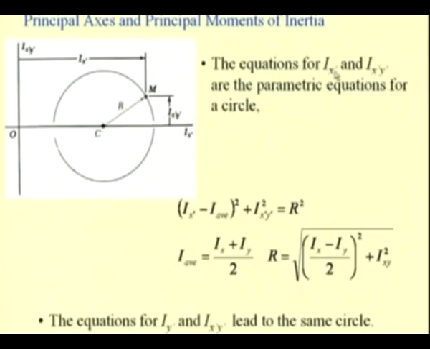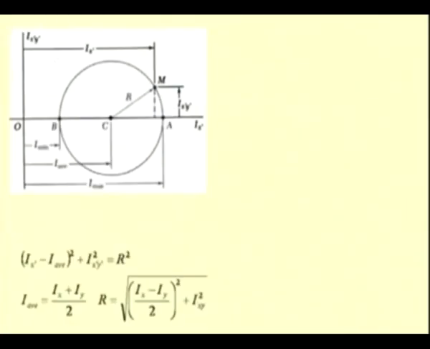And even if we use the other set of equations, that is Iy prime and Ix prime y prime, they also lead to the same circle. We will find that the center of this circle is I average, which is Ix plus Iy by 2, and R, the radius of this circle, is root of (Ix minus Iy by 2) square plus Ixy square.